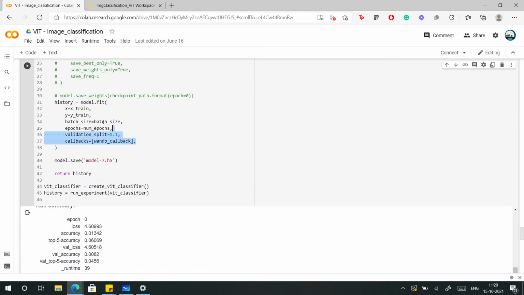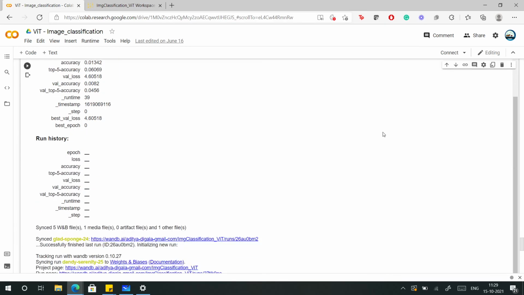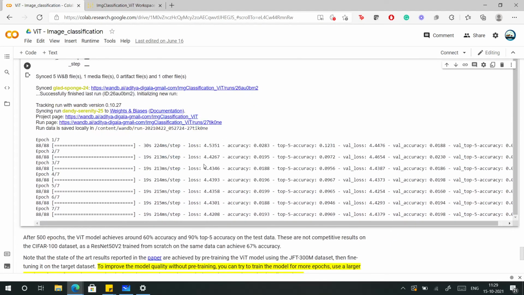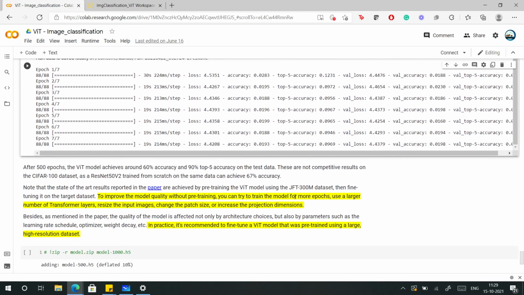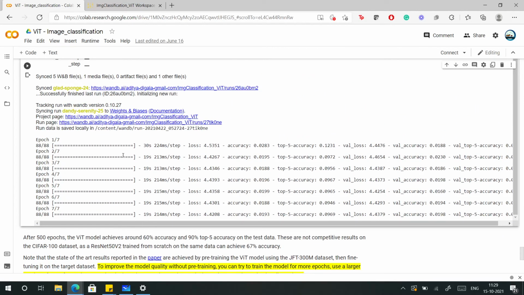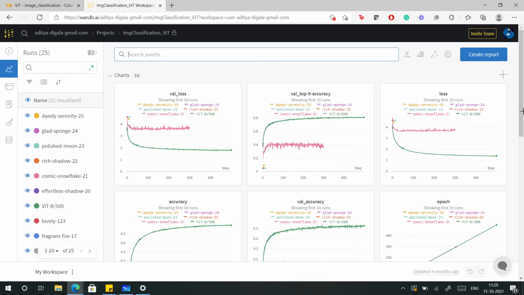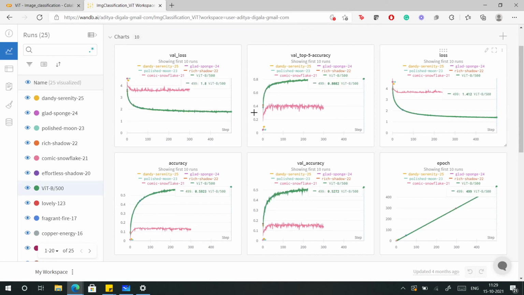And you are going to fit your model. I only ran 7 epochs, so it doesn't work well at all. It's hardly 7 epochs, and the loss is quite high.